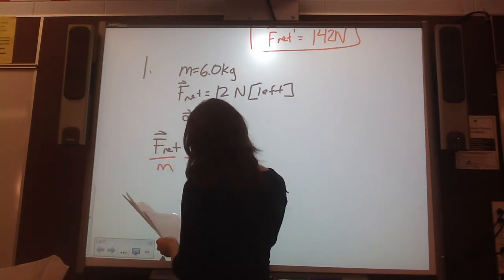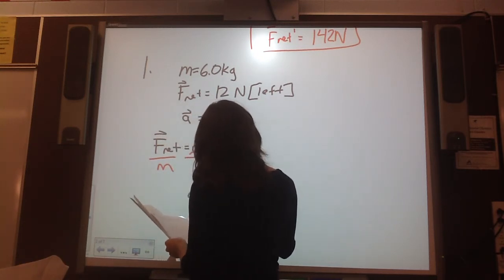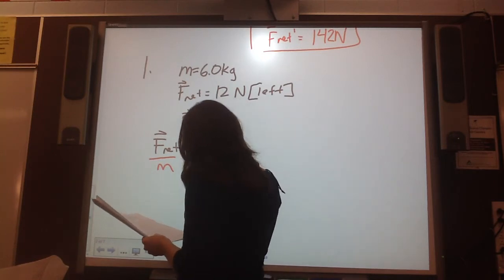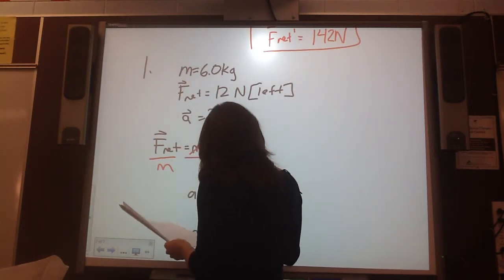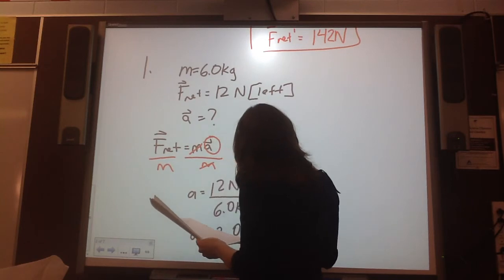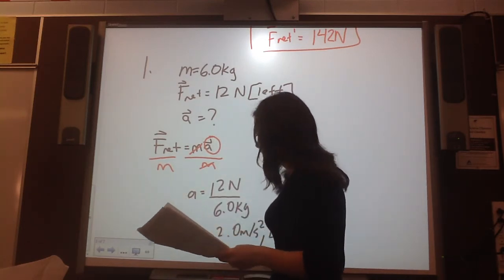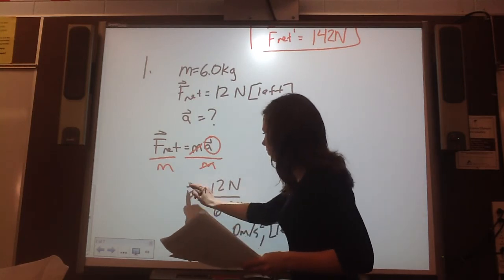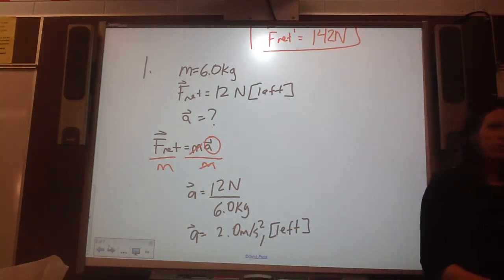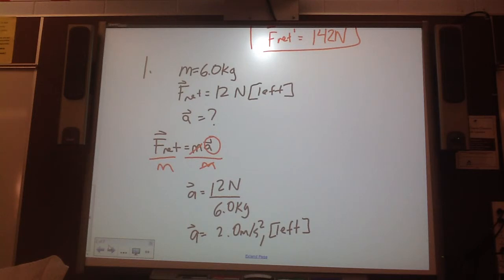So 12 newtons divided by 6.0 kilograms. a is equal to 2.0 meters per second squared left. Make sure you put in your direction. Okay, so a bit more of a simple example for you.